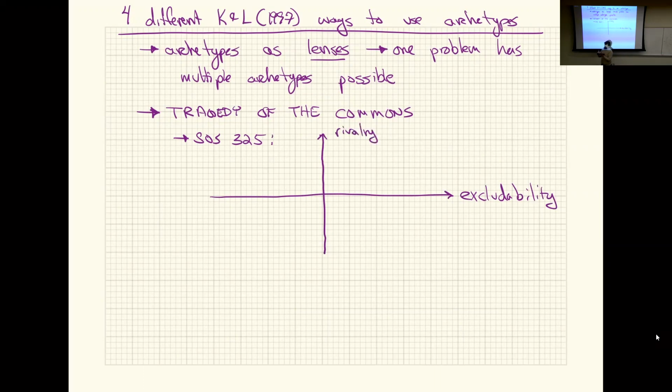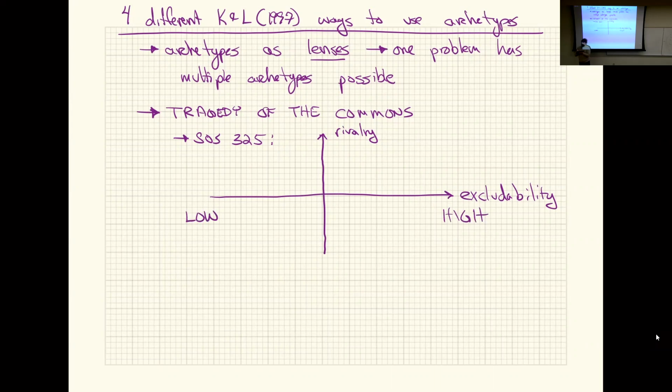Basically, there are resources that if you are using it, you can exclude others from using. Those have high excludability. But there are also resources that if you're using it, you can't prevent anyone else from also using it. So they have low excludability. So I'll say this is high and this is low.